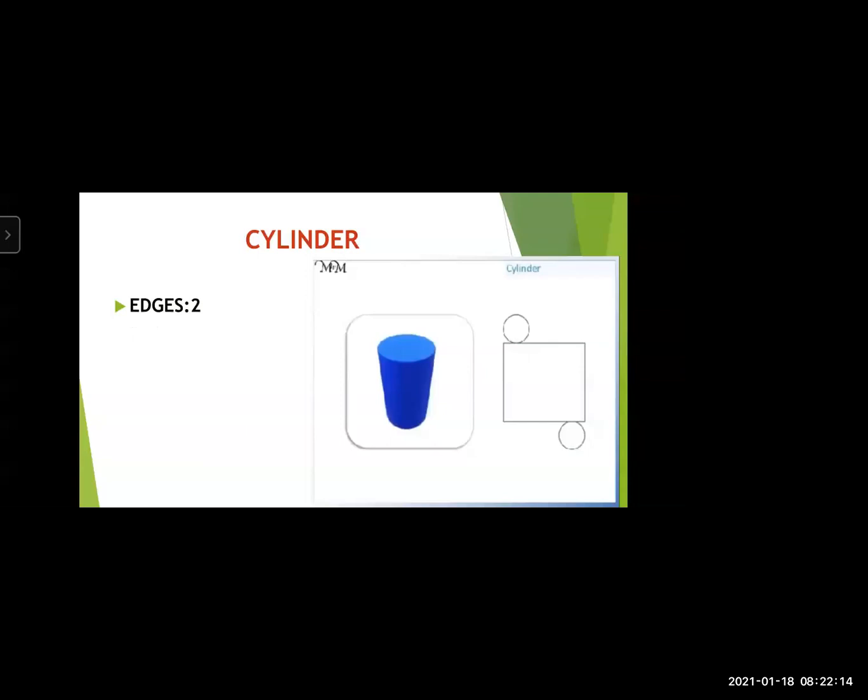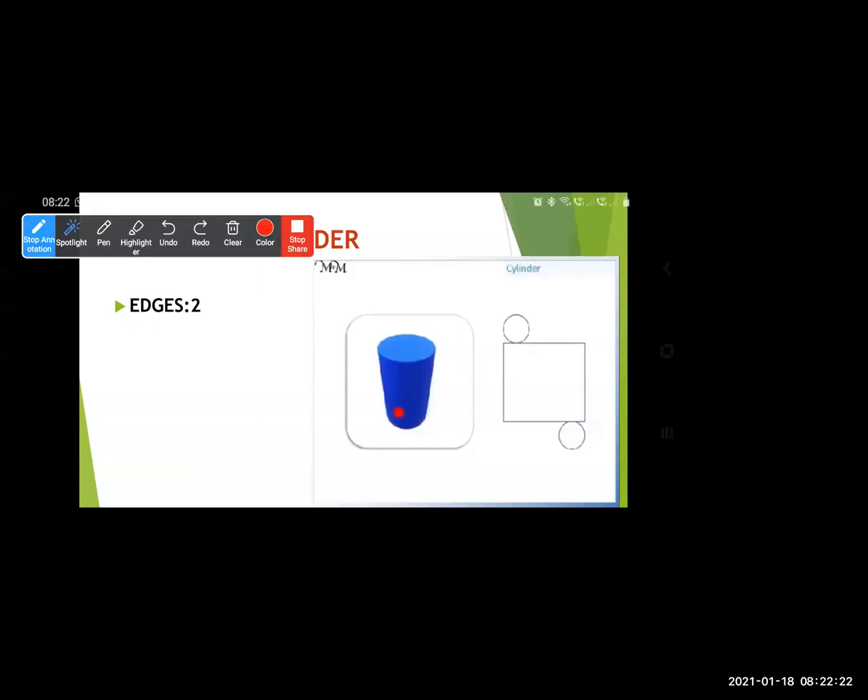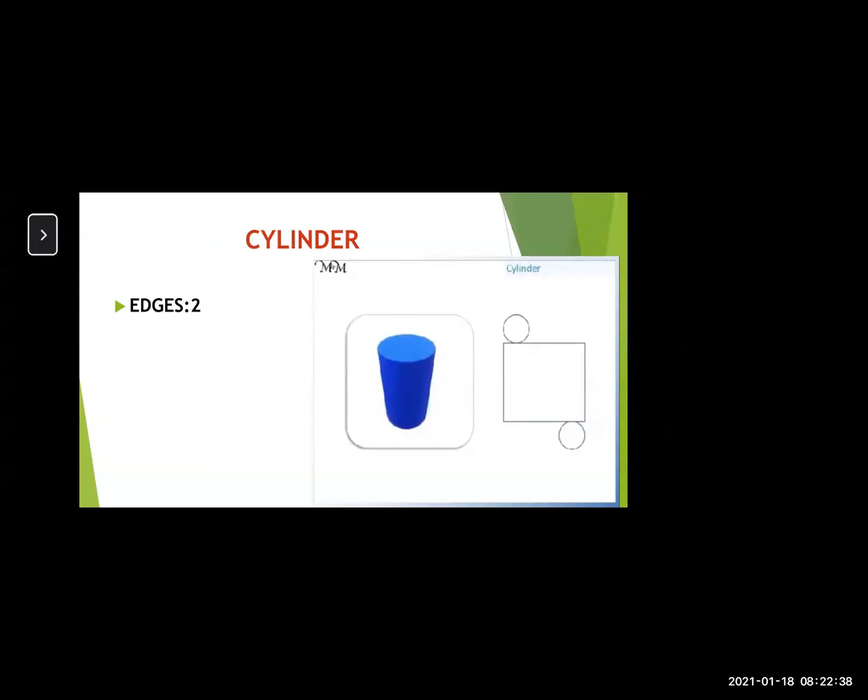Edges 2. Here we can see edges. See here. This is the one edge and this is the second edge. So there are only two edges, two sides of this three-dimensional shape.